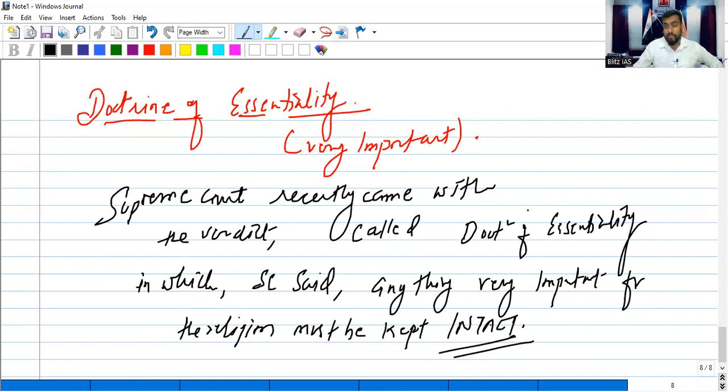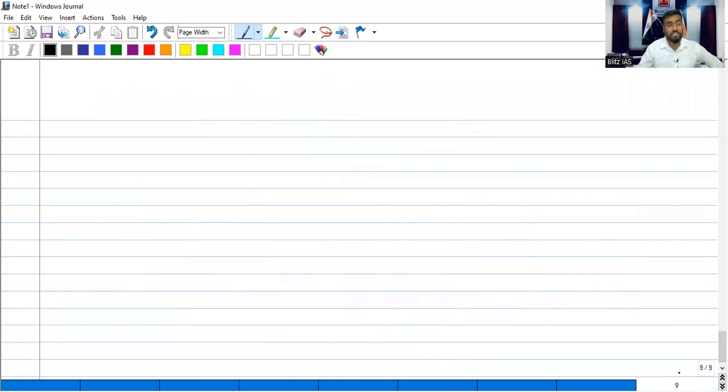And yes, when you become DM or SP of your city, many questions will come in front of you, cases will come in front of you. सर ये जो ग्रुप है ये हमको हमारा त्योहार मनाने नहीं दे रहा है. आपको तुरंत याद करना है what the constitution says. The Constitution says they have the right to celebrate their festival, practice, belief and all. This is their fundamental right. It is written in the constitution.